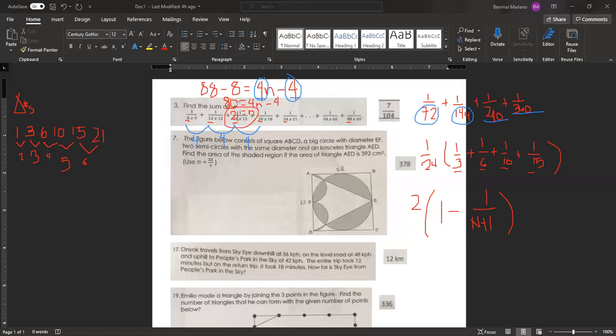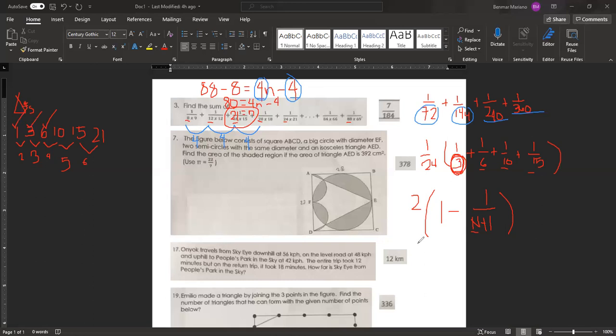Now, does it mean that n will be 21? Notice this one. Isn't it the triangular numbers start with 1, followed by 3 and then 6? In here, the first number is actually the second number of the triangular numbers. It means that the value of n in this specific example will be 22.